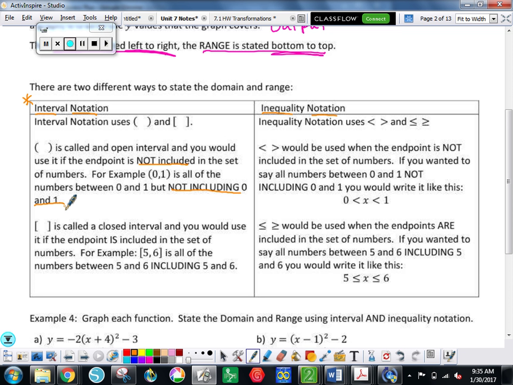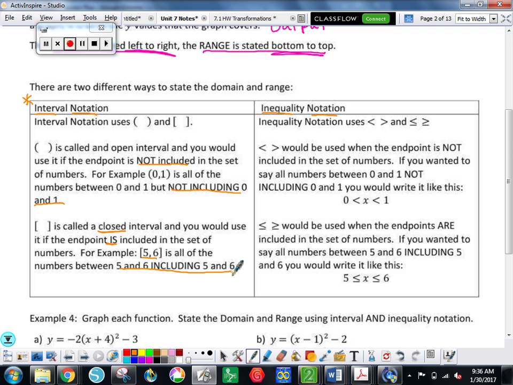So 0.00001, 0.1, 0.2, 0.3, 0.4, 0.5, 0.6, they're all included, but 1 is not and 0 is not. The brackets are called closed, and you would use these if the endpoints are included. For example, I have this bracket 5, 6, that's all of the numbers between 5 and 6, including 5 and 6.